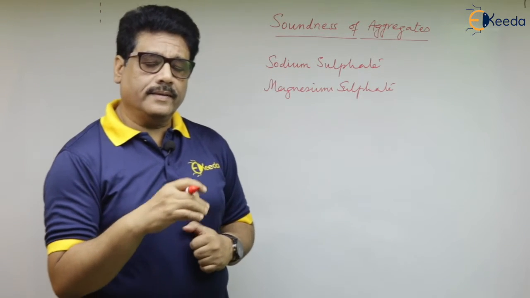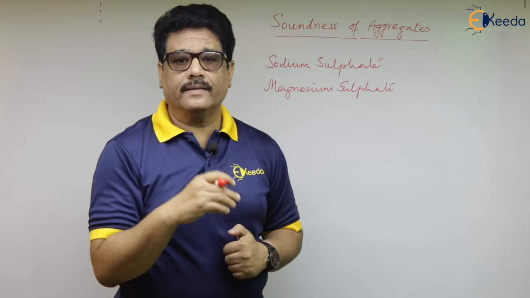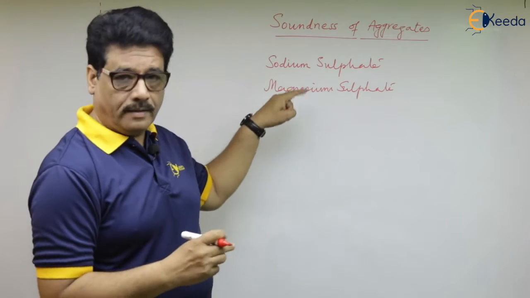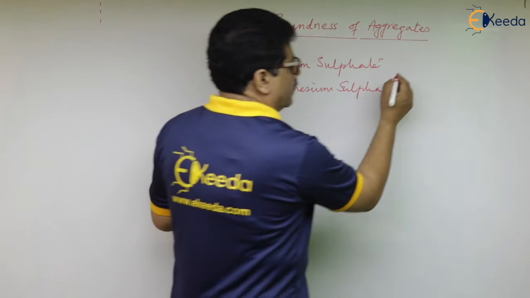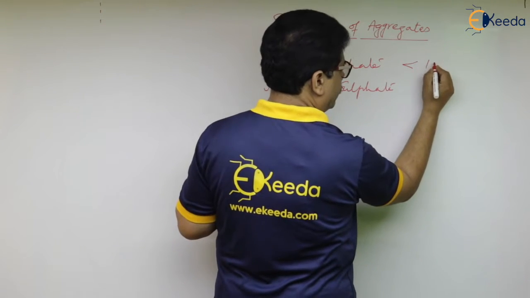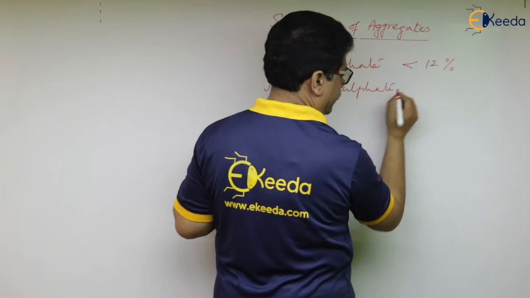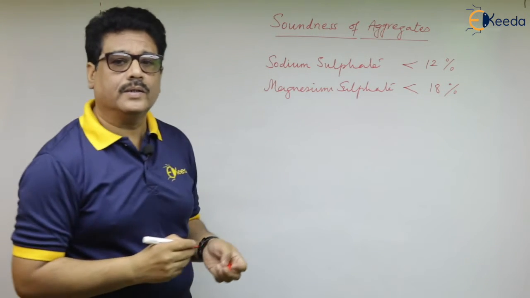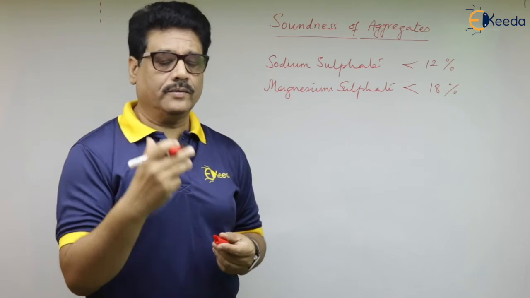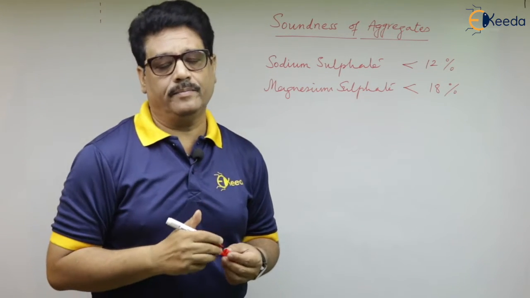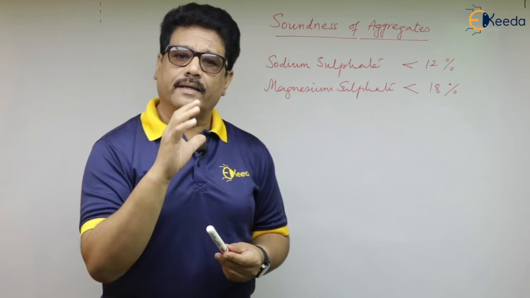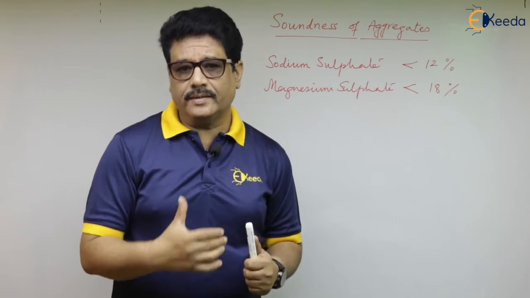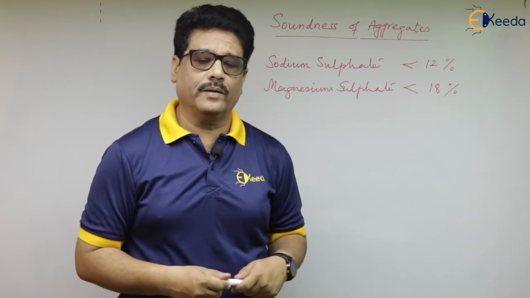IS 383-1970 limits the loss of weight in these two cases. In case of sodium sulfate, the loss of weight should be less than 12%. In case of magnesium sulfate, the loss of weight of aggregates should be less than 18%, and that is the limit set down by the IS codes. When we confirm these things, then only we can use those aggregates in our concrete making.